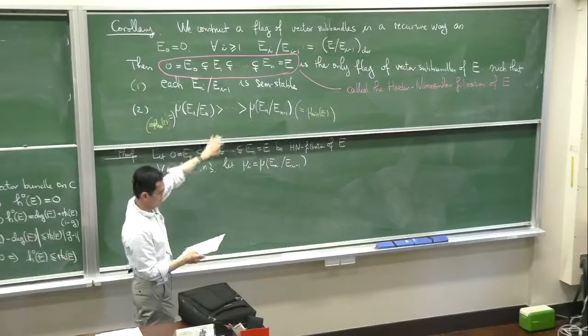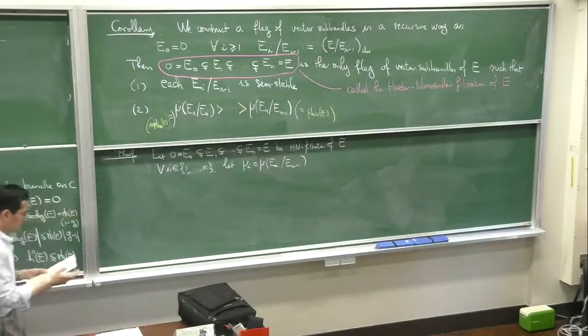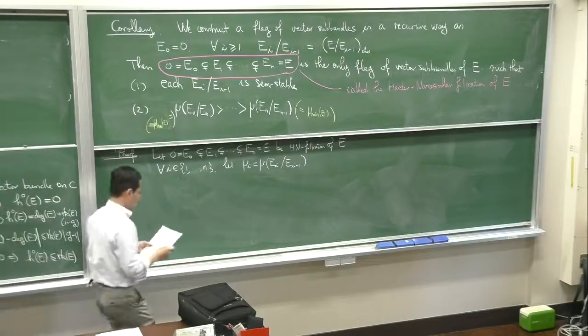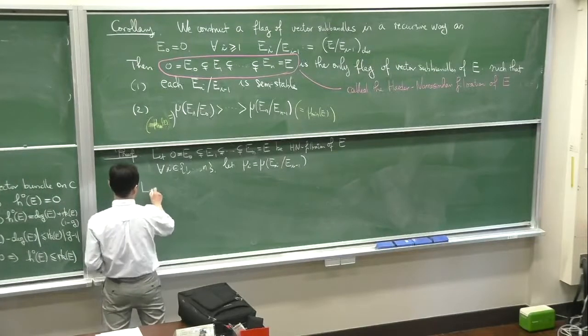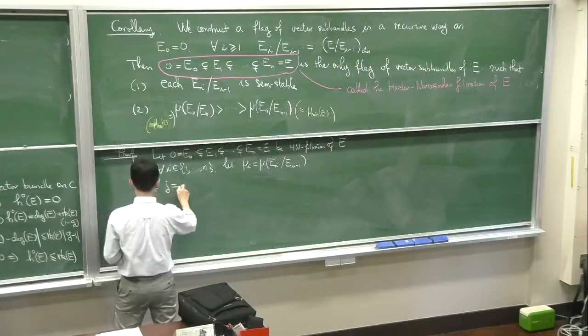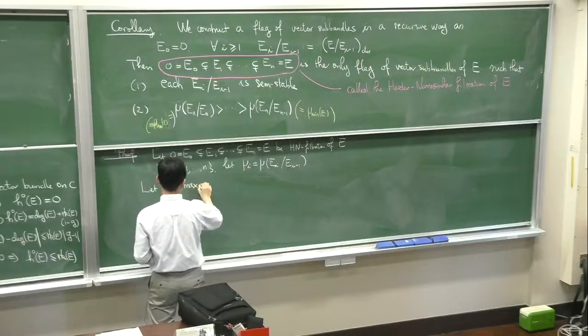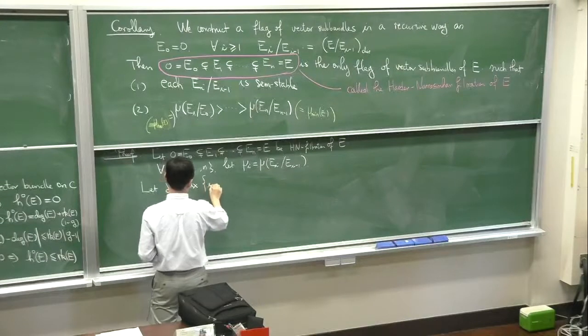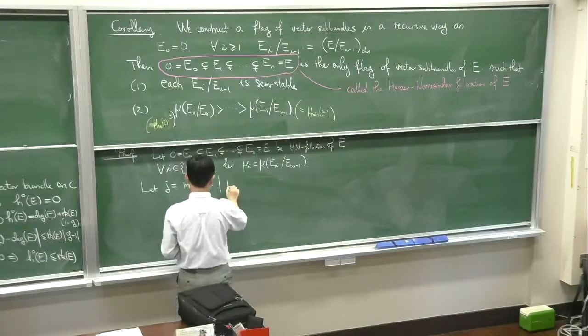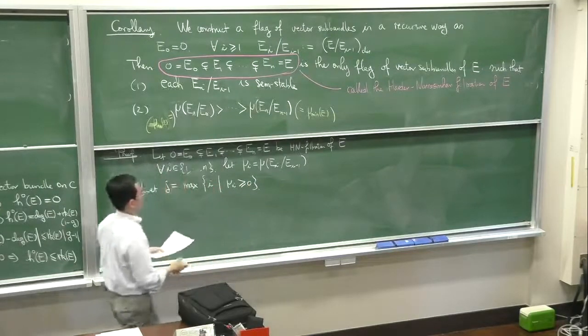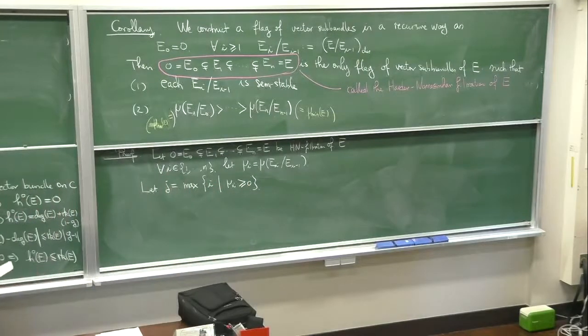So of course you have mu_1 larger than mu_2, etc. Let J be the largest index, the max of i, such that mu_i is positive or 0.